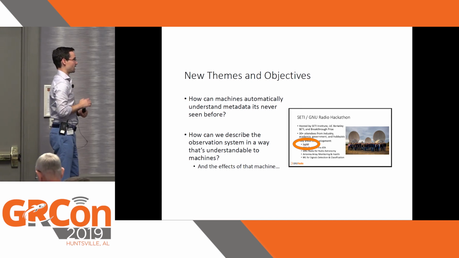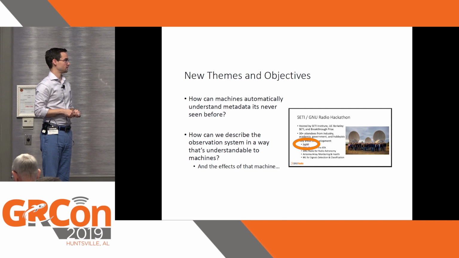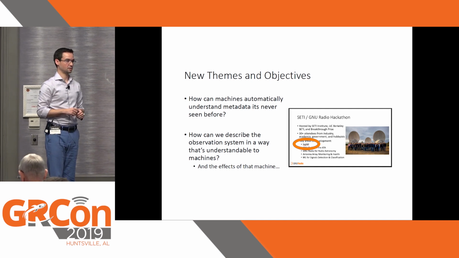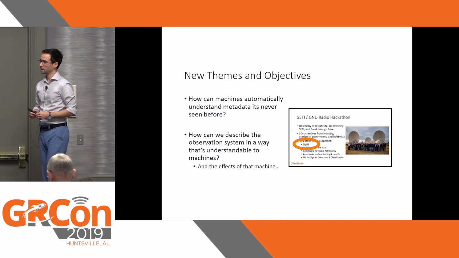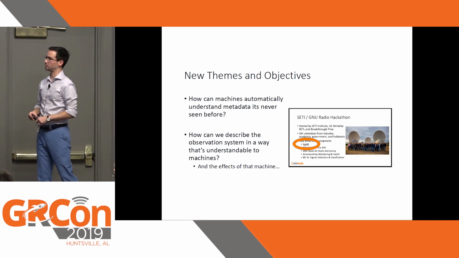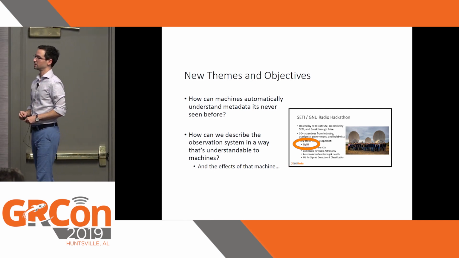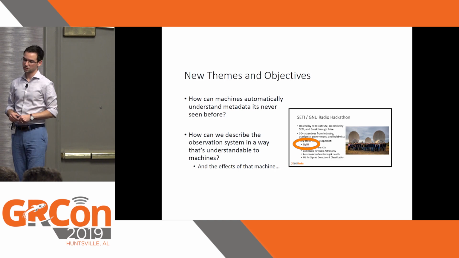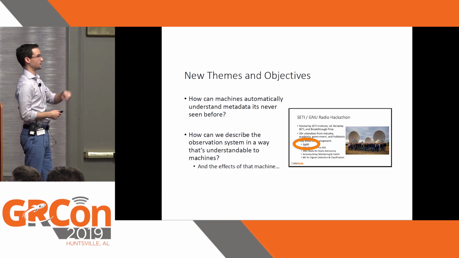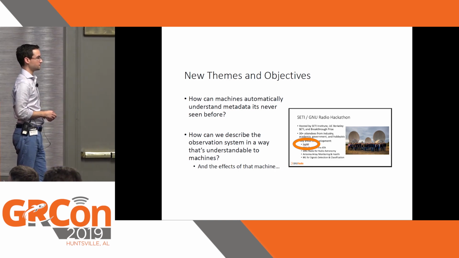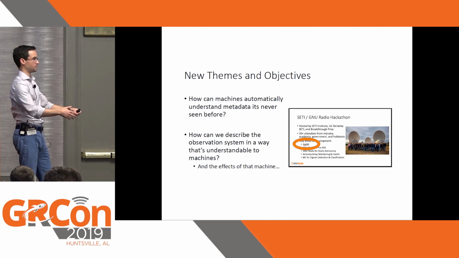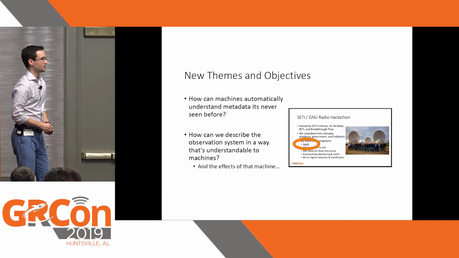Secondly, how can we describe the observation system in a way that's understandable to machines? So this perhaps sounds a little bit obtuse. I'm going to just try to describe it a little bit more. So let's take the ATA, for example. And you get a SigMF recording from the Allen Telescope Array. There's 42 dishes.